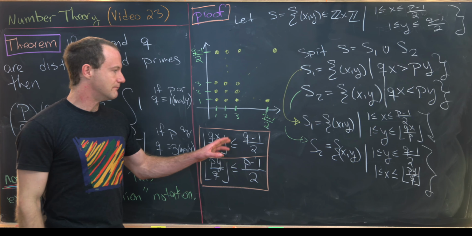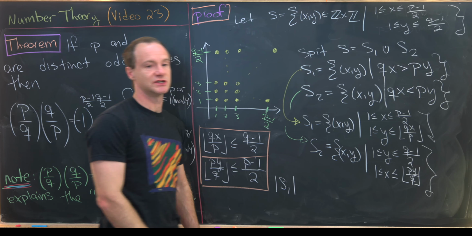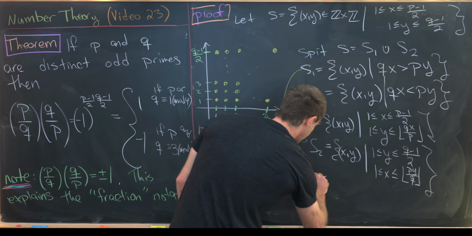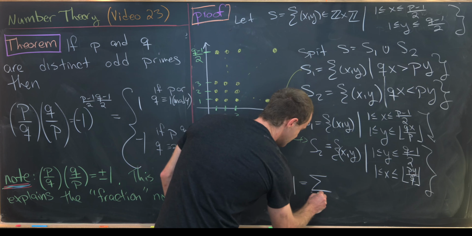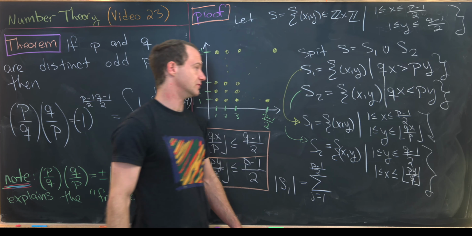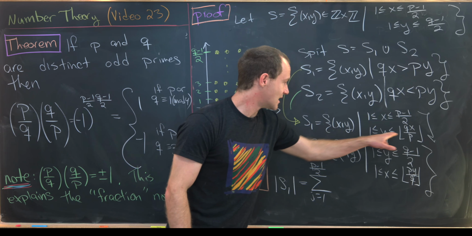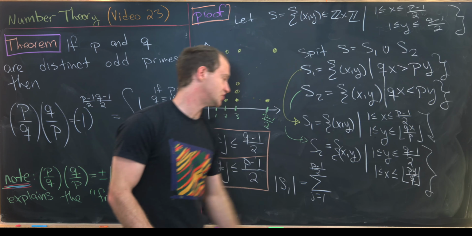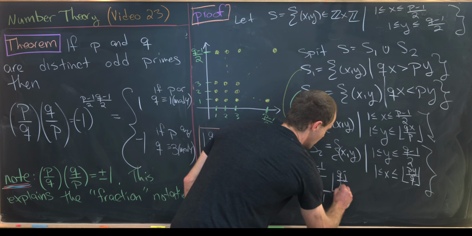So now let's measure the number of elements in S1 and S2. S1 has the following number of elements: the sum as j goes from 1 up to (p minus 1) over 2, and for each x value, we'll have this number of y values contributing, the floor of qj over p.